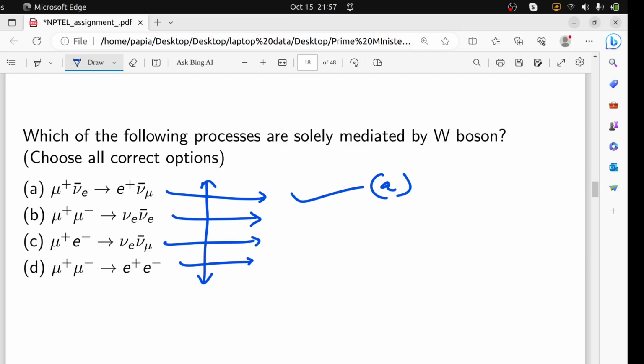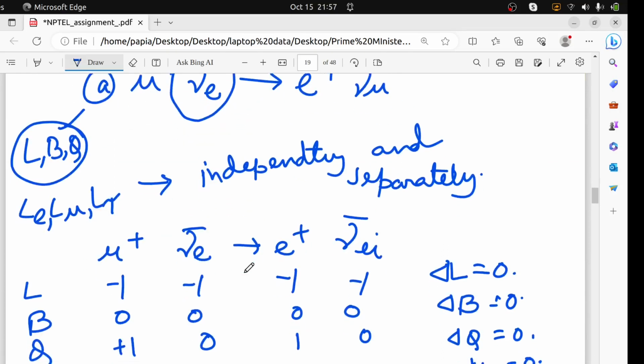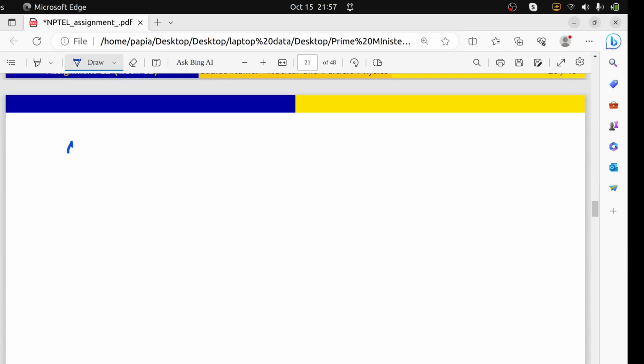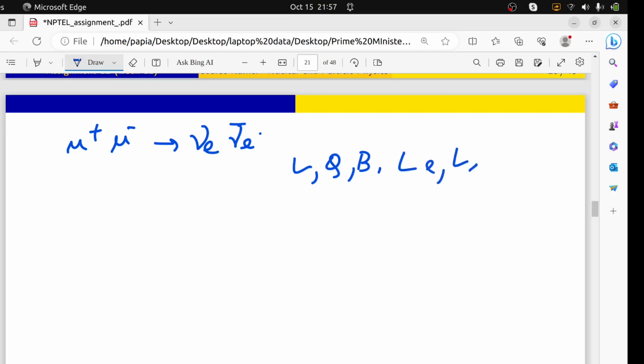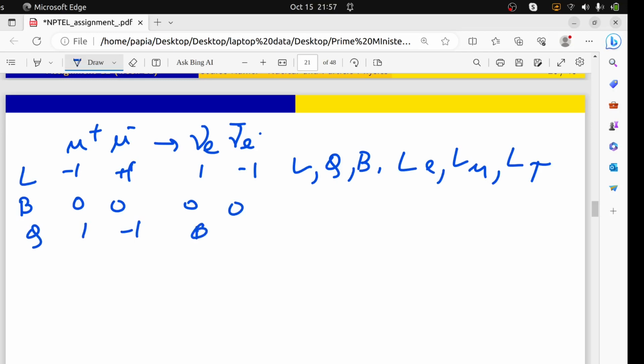Now coming to option B, mu plus, mu minus, nu E bar. As I told you, since nu E is there, it is a weak interaction, and in weak interaction L, Q, B, LE, L mu, L tau should be conserved. So we will quickly check that. L: plus 1, minus 1, plus 1, 1, minus 1. B: 0, 0, 0, 0. Q: 1, minus 1, 1, 0, 0.